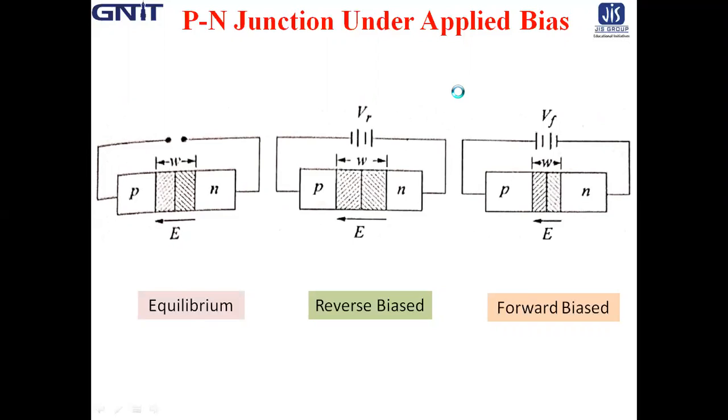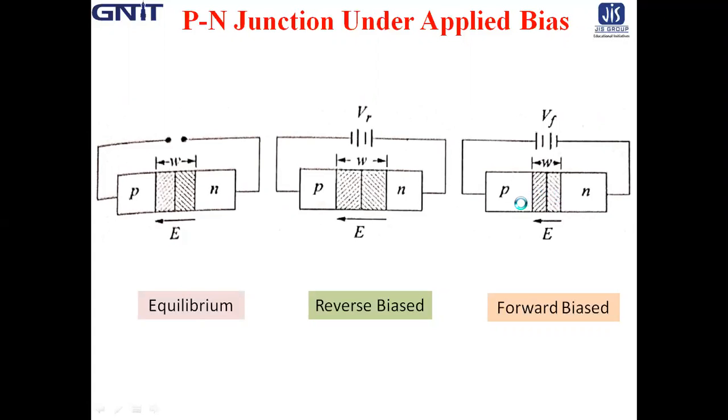The junction will be forward biased when P side is at a positive or higher potential with respect to N side. First one is the equilibrium condition, that means no bias is applied. Second one is forward bias, when P side is at a higher potential with respect to N side.